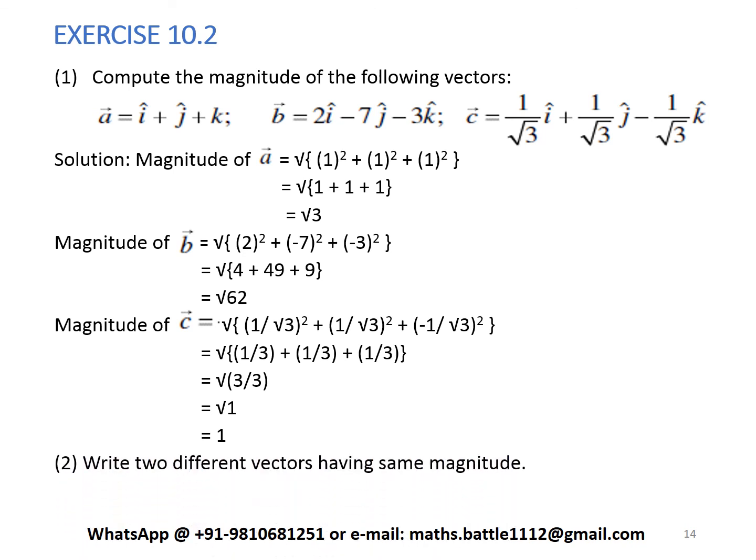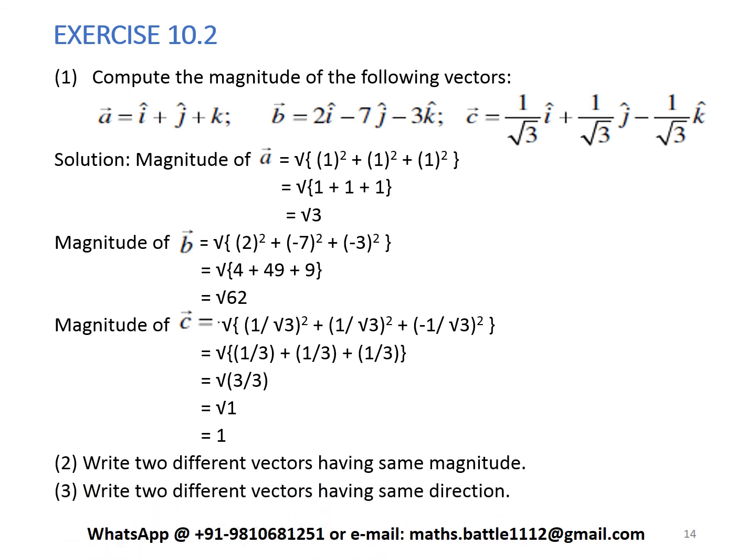Coming to question number 2, write two vectors having the same magnitude. Consider the first vector i plus j plus k, magnitude is square root of 3, and the second vector i plus j minus k also has the same magnitude, square root of 3.